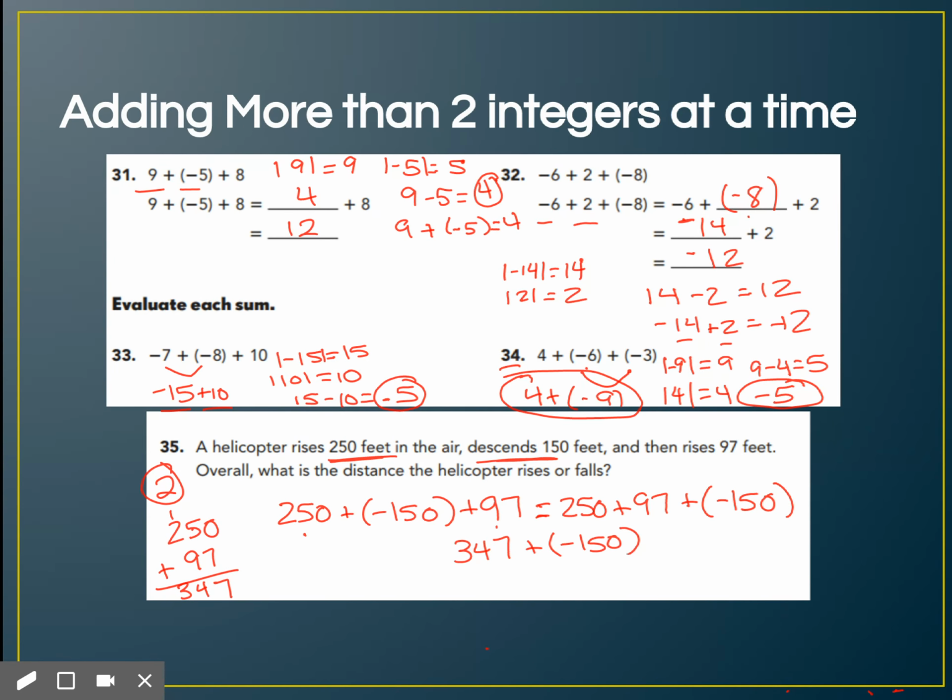So now this is where I incorporate my absolute value. The absolute value of 347 equals 347. The absolute value of negative 150 equals 150. So I would do 347 minus 150.